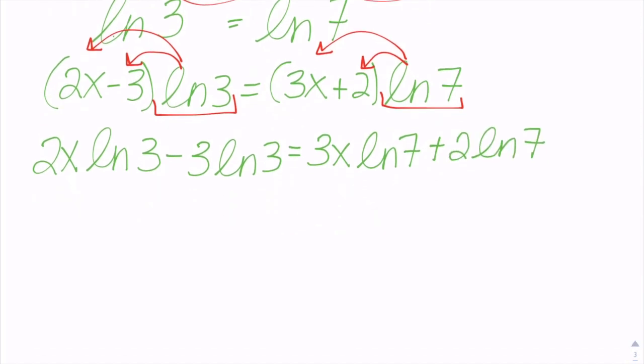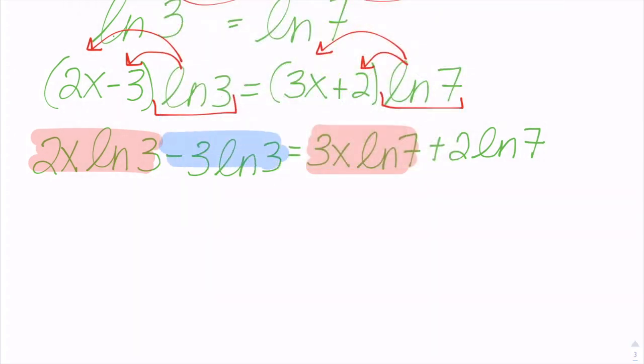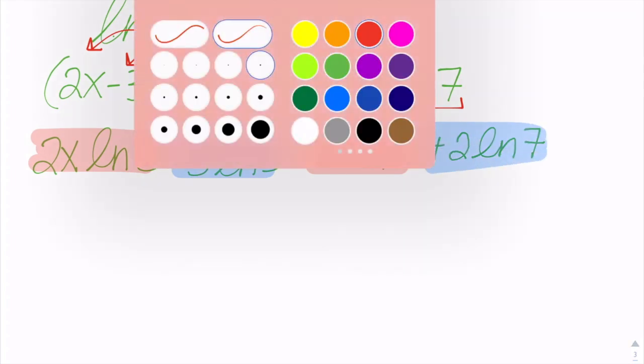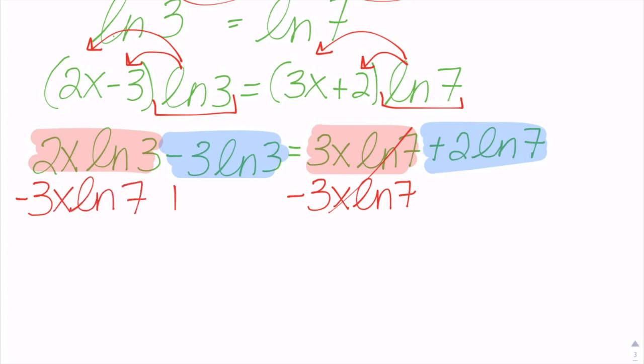So from here, we need to get everything with an x on the same side, and we need to get everything without an x on the same side. So to do that, I am going to subtract 3x natural log of 7, and then I'm going to add the 3 natural log of 3.